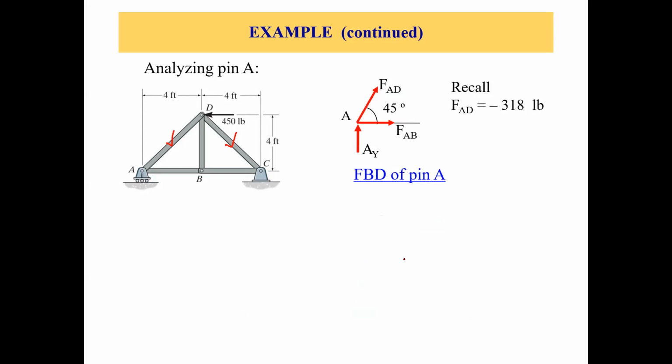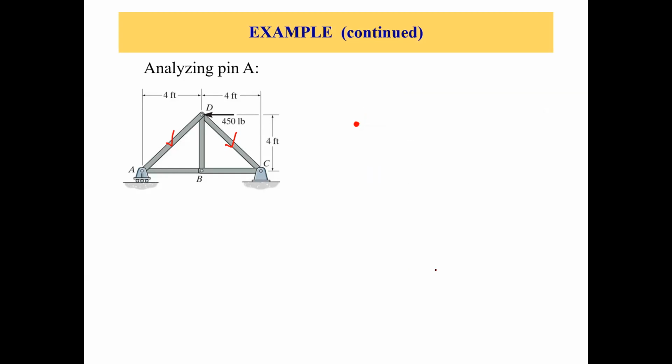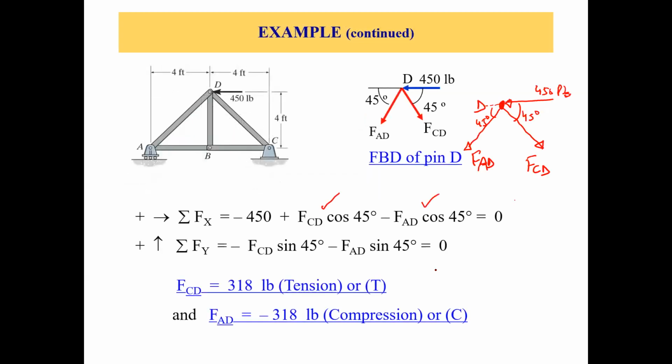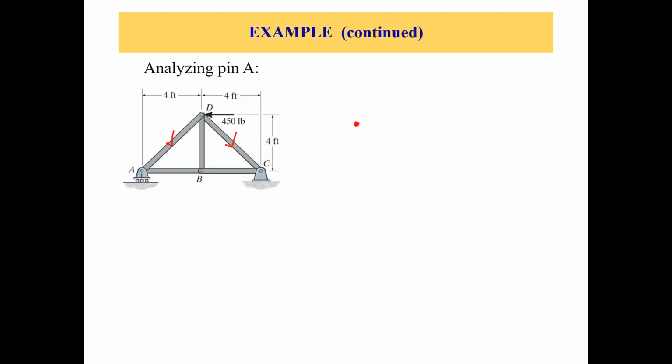So let's draw the free body diagram of joint A. This is your joint A. Now AY, we know it should be upward, so let's take AY in the upward direction, and FAB and FAD as tensile forces. And FAD we already know: FAD is negative 318 pounds. So it's a compression.